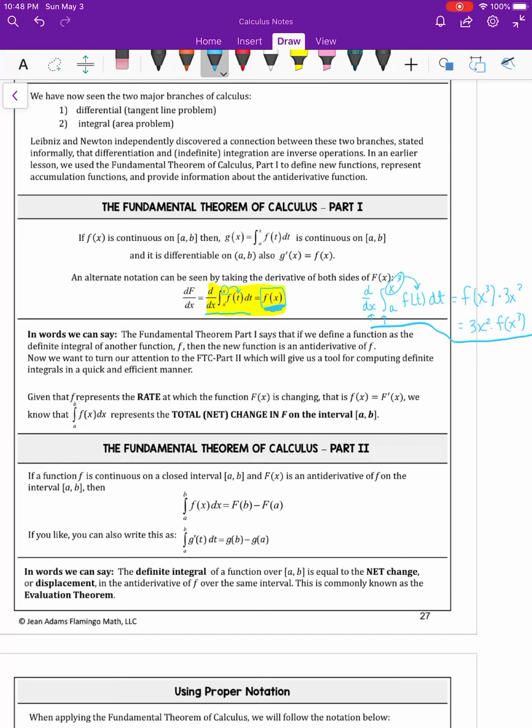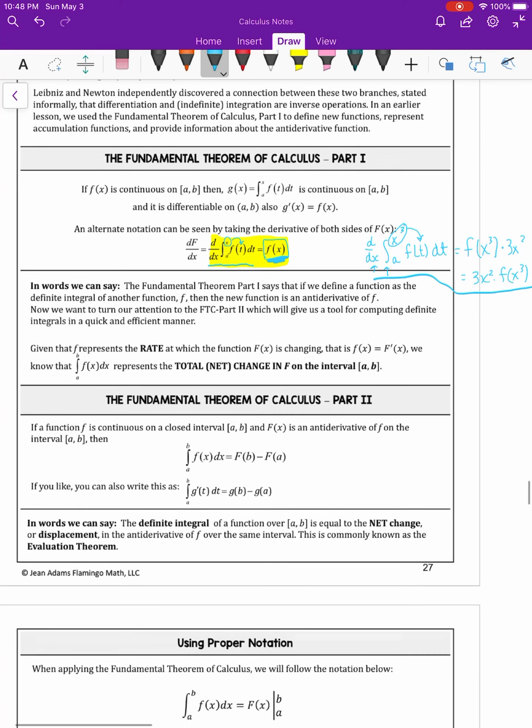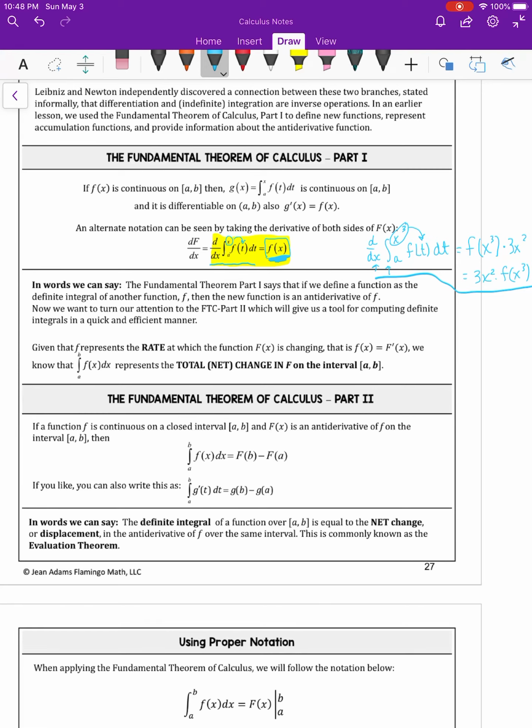Now we want to turn our attention to the Fundamental Theorem of Calculus Part 2, which will give us a tool for computing definite integrals in a quick and efficient manner. Given that f represents the rate at which the function capital F of x is changing, that is, little f of x equals capital F prime of x, we know that the integral from a to b of f of x dx represents the total net change in capital F on the interval [a, b].